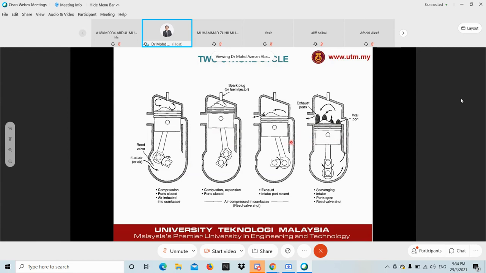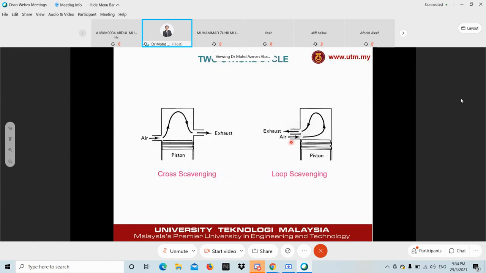This is just one example. There are a few types of ports. One is cross scavenging, where the air goes into the intake port and goes out through another port, the exhaust port. There are no valves. The piston itself seals the port as it moves between TDC and BDC.